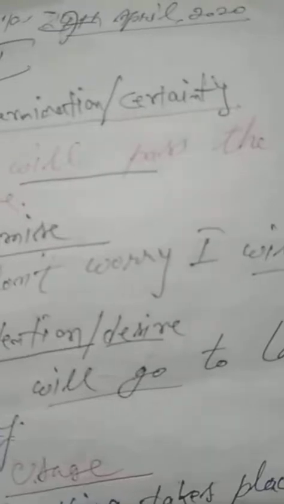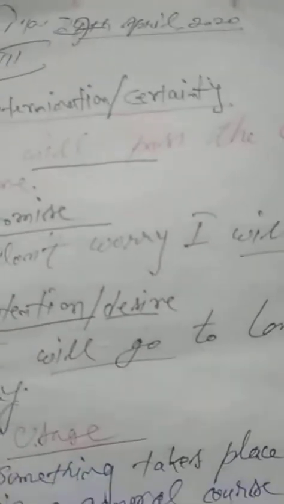Next, if we are expressing determination, determination means certainty, when you are 100% sure that something will take place, we use will in place of shall. Here you can see we have used will with I, not shall.